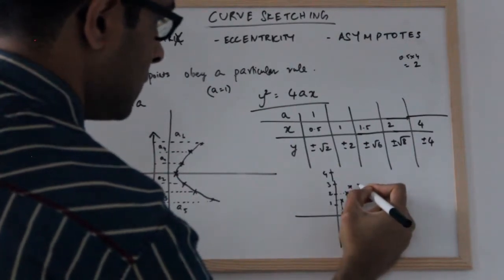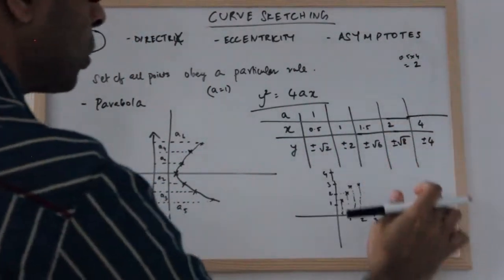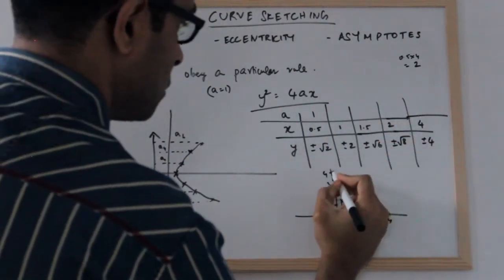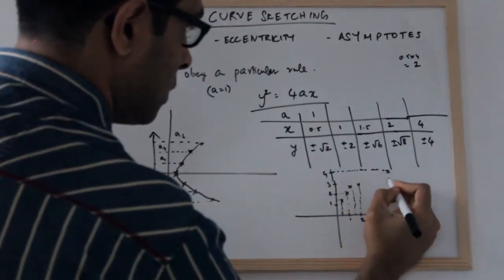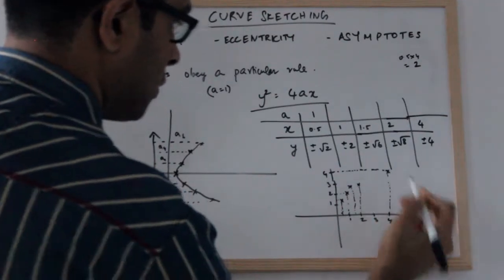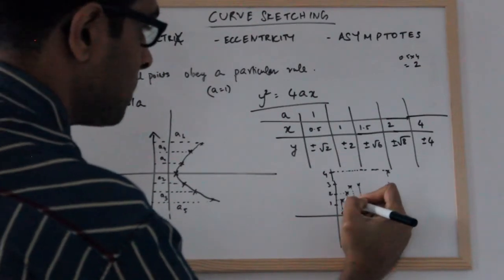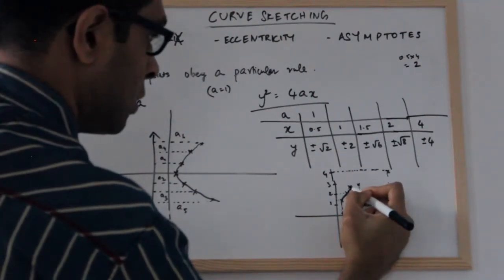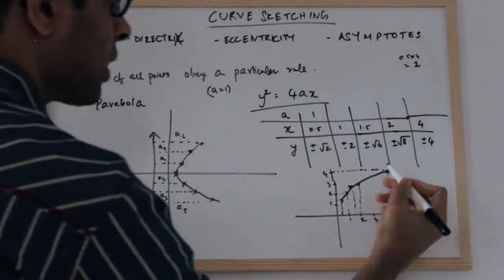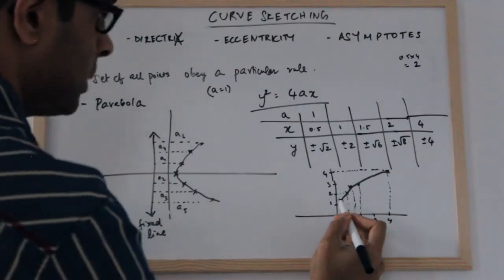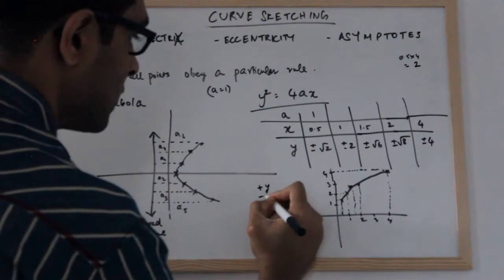But it's not 3. X is 4, y is plus or minus 4. That will be plotted at this point. So if we connect all of these points, that will form a curve. Similarly, for all positive y, there is a negative y.